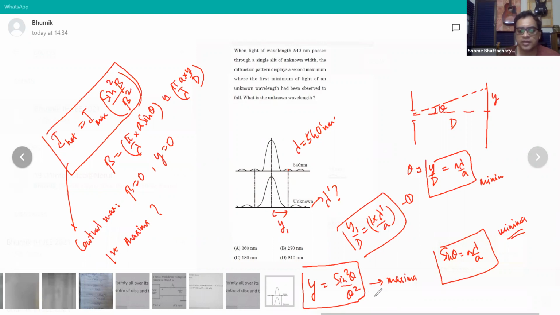So what you can do is write sine square theta in terms of cos 2 theta. So sine square theta will become 1 plus cos 2 theta by 2. So this will become like this. Okay. And then you can open this up by power series, the Maclaurin series of cos 2 theta. And then differentiate that and put it equal to 0 and see where you are getting the first maximum.